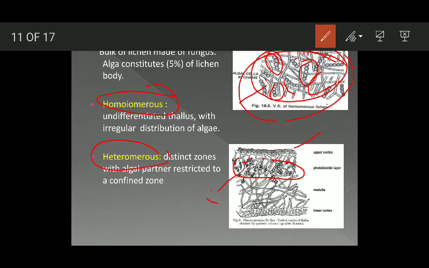The rest is composed of fungus. So these are two types of internal structures, and they differ only in one thing: in homeomerous form the algal cells are uniformly distributed, while in heteromerous form the algal cells form a distinct, or restricted, layer.